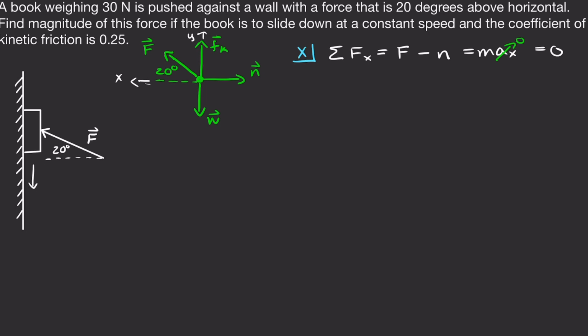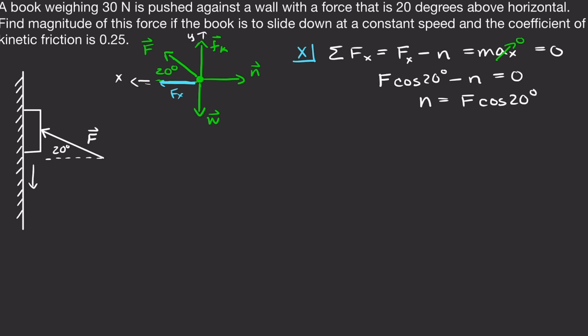So now I need to get the x component of this applied force. So that is going to be F times cosine, since the x component is adjacent to my angle. So F cosine of 20 degrees minus the normal force is equal to 0. Or my normal force is equal to this applied force times cosine of 20 degrees.